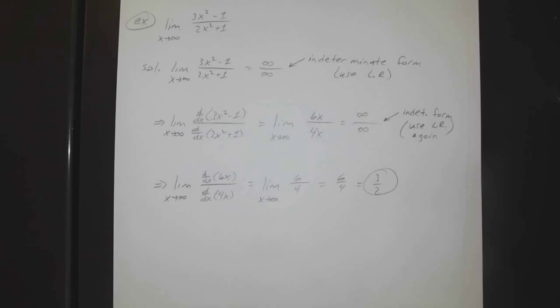Then when you did the derivative again, you'd still have a variable on top, but no variable on the bottom, and it would go to infinity. Yep, then your limit would just be infinity.